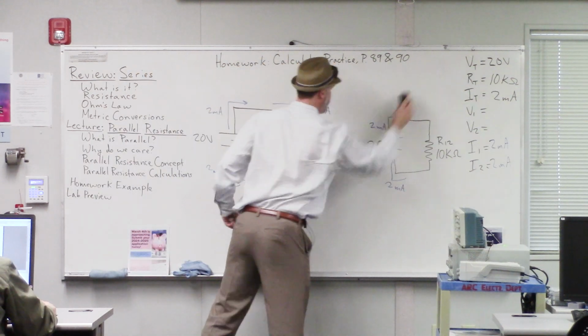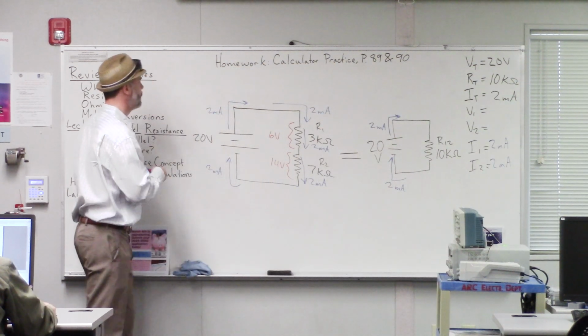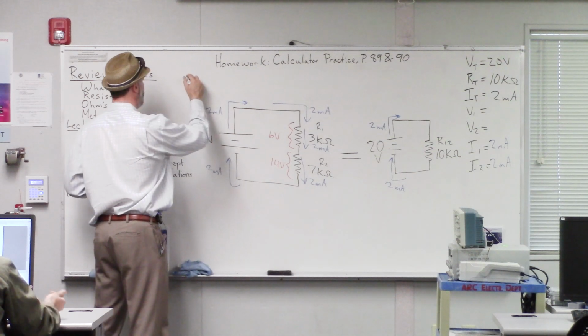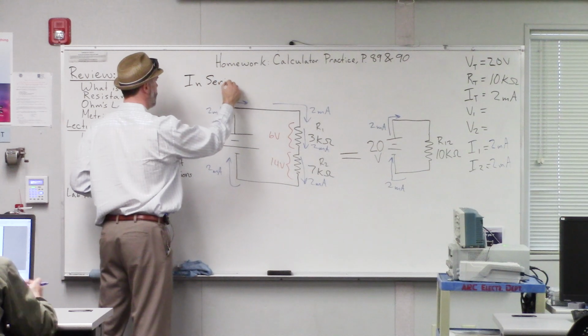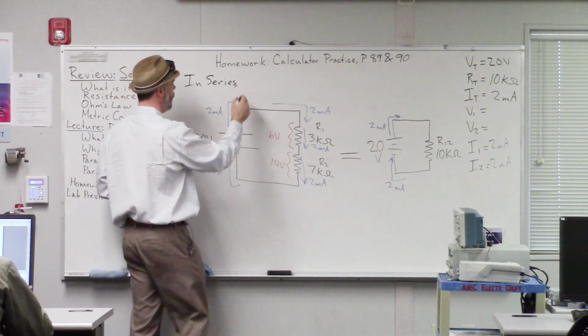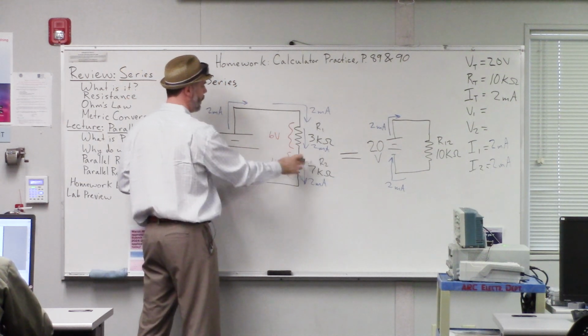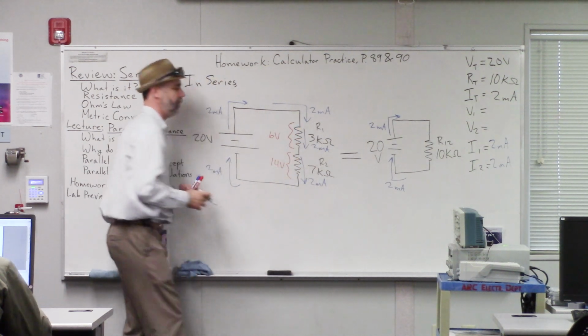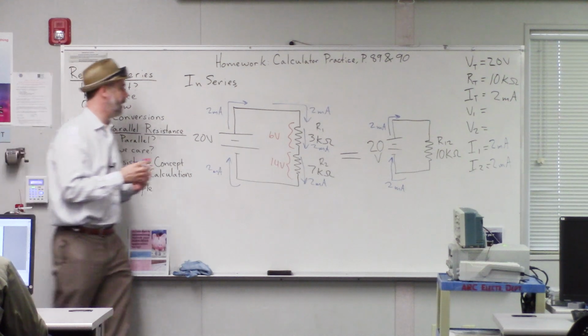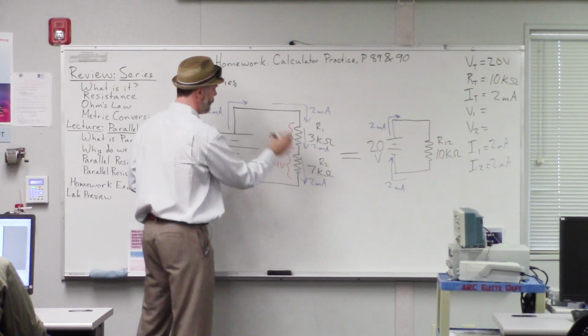All right, so when we're looking at this series circuit, I want to point out another thing. So in series, the currents, can you have one current in R1 and a different current in R2? No, exactly, because the current from R1 just flows directly into R2.